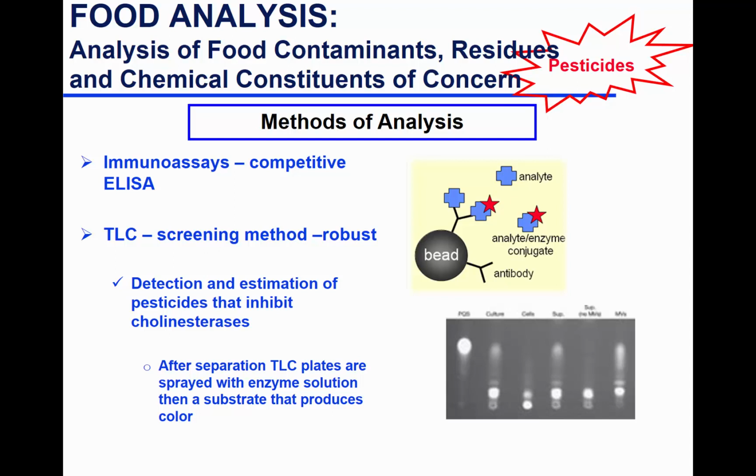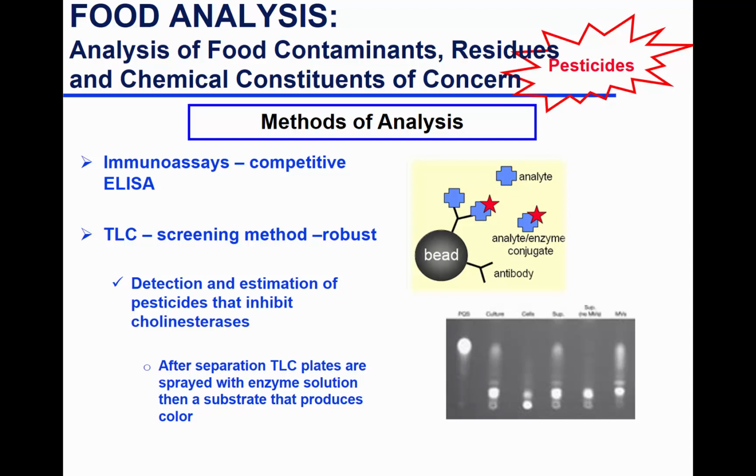So thin layer chromatography is a screening method, and this is the one that we use to test the inhibition of enzymes. In this case, you run your sample on your thin layer chromatography plate, and then you spray the plate with enzyme solution. Cholinesterase, in this case, is the enzyme that the pesticide aims at inhibiting in the pest.